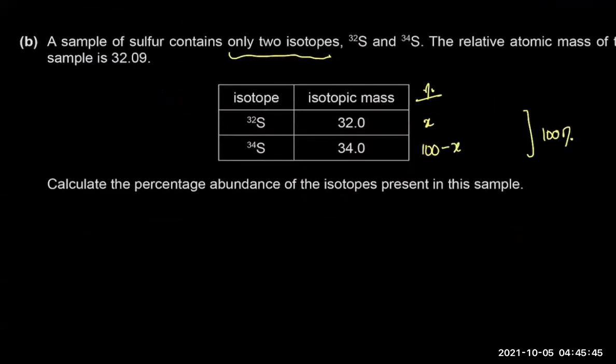So we know out of 100 atoms, x of them have a mass of 32 and 100 minus x have a mass of 34. So that's the total mass. The average mass is just this divided by the total number, 100, equal to 32.09.